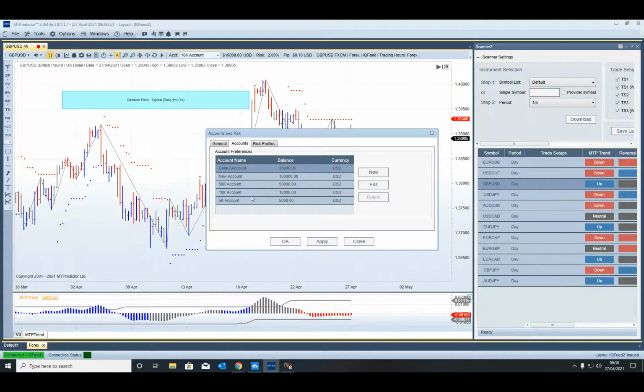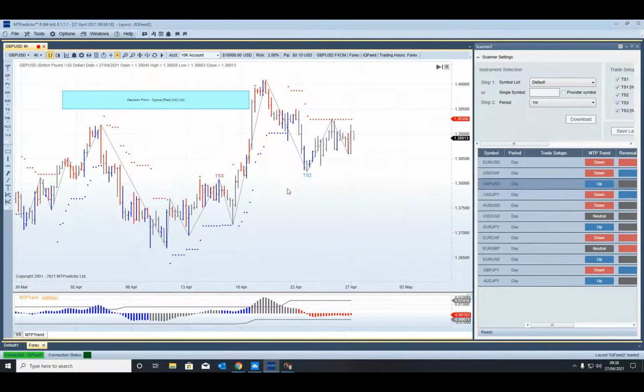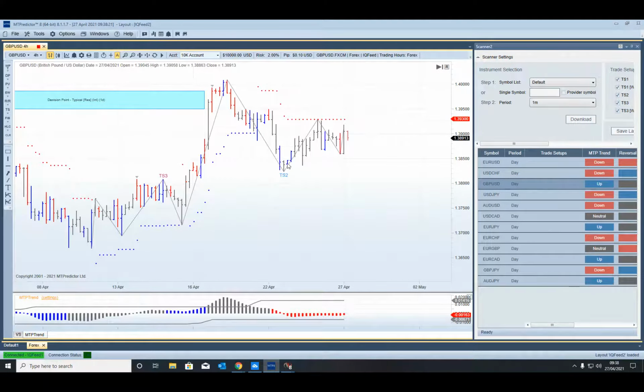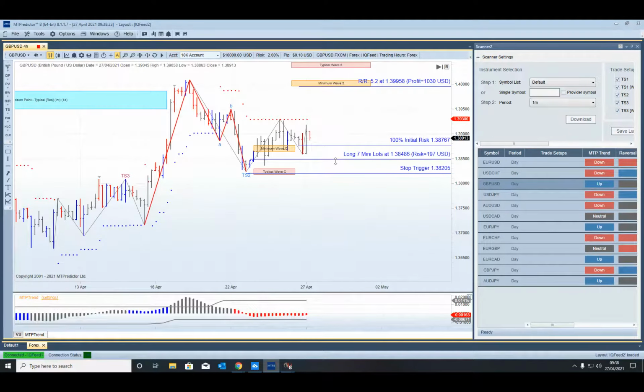So if you do exceed your margin requirements, what I suggest is setting up a smaller account size, perhaps one half your current account size. So if you've got an account balance of 20k, perhaps set one up of 10k, and then with the position sizing on, rather than having a default account of the 20k, you just come down and select the smaller account, to then have fewer lots, if that makes sense.